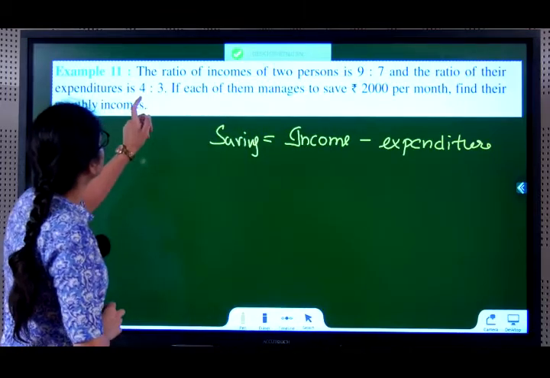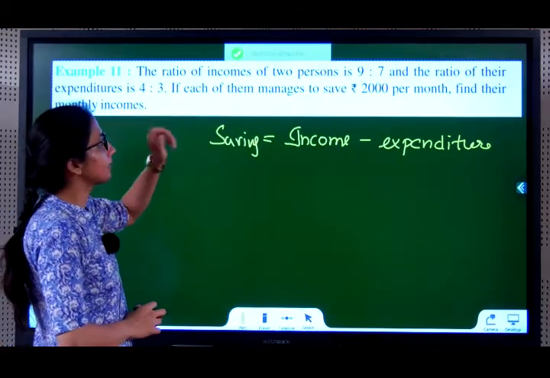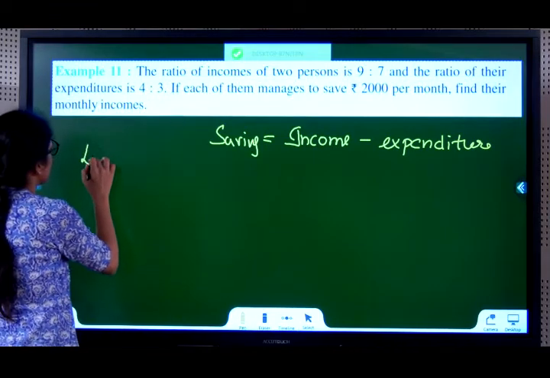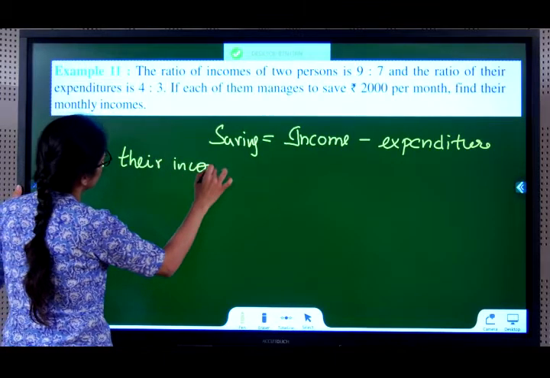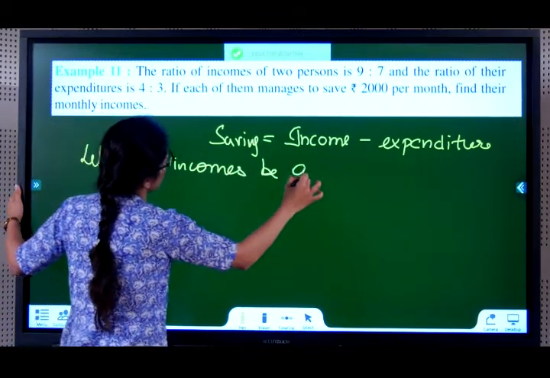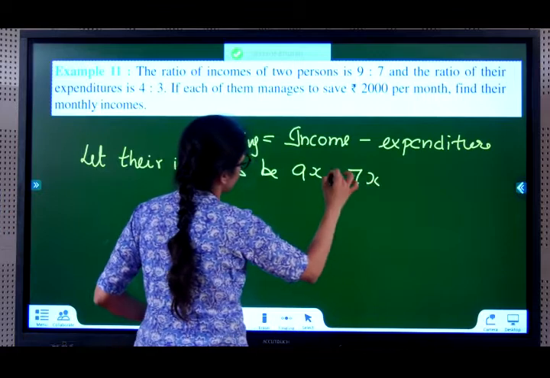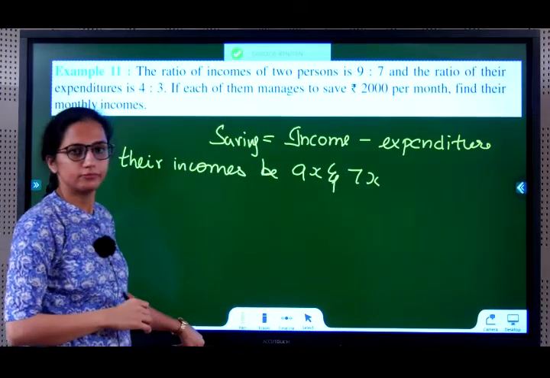Now, the ratio of their incomes are 9:7. So we can say let their incomes be 9x and 7x. Yes?